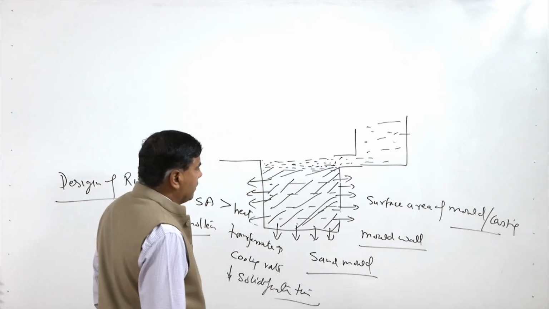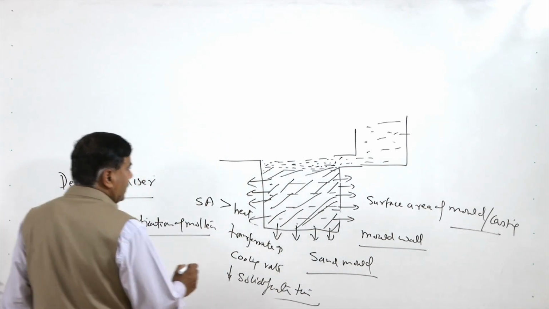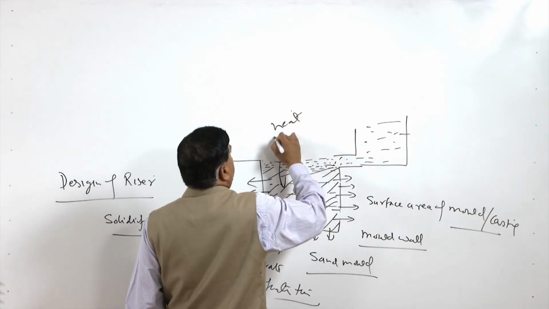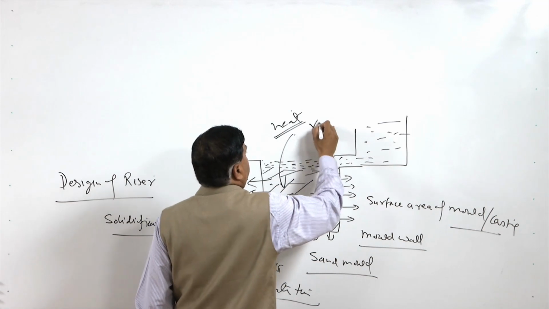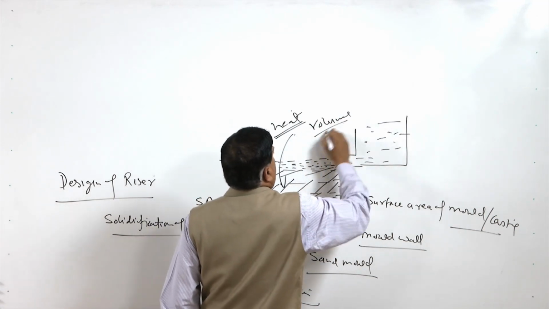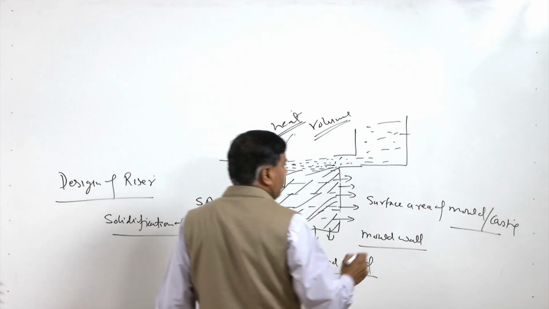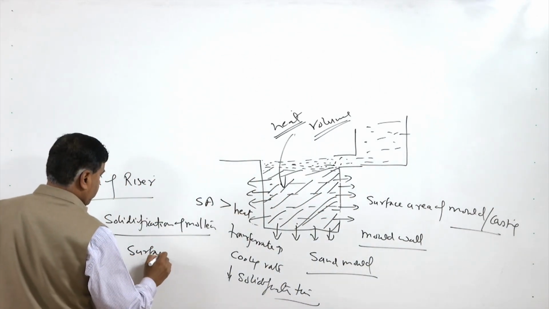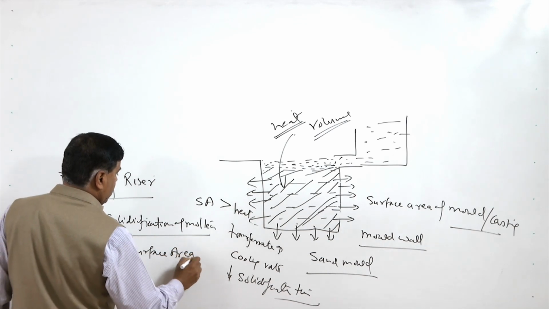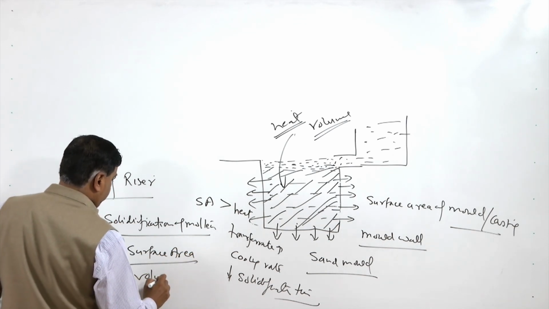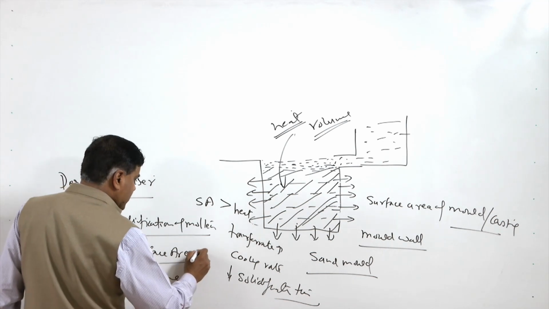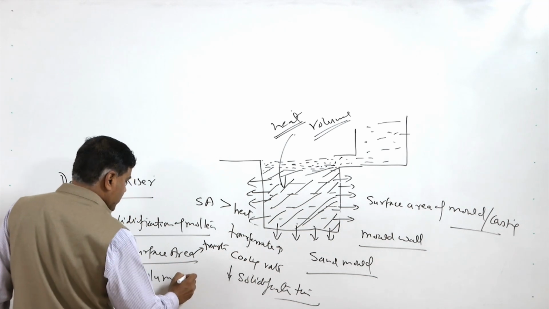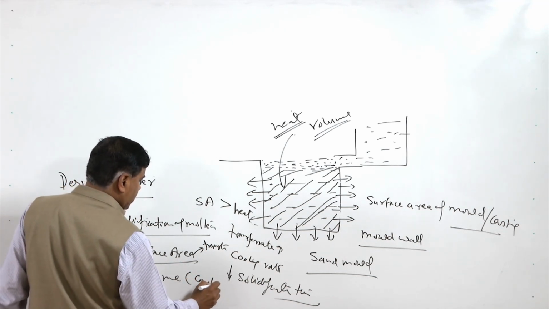But in addition to that, we have to consider one more aspect, that is the volume, since the heat contained by the molten metal depends upon the volume of the molten metal. So, the ratio of the surface area to the volume determines the heat transfer, and the volume is about the heat content.